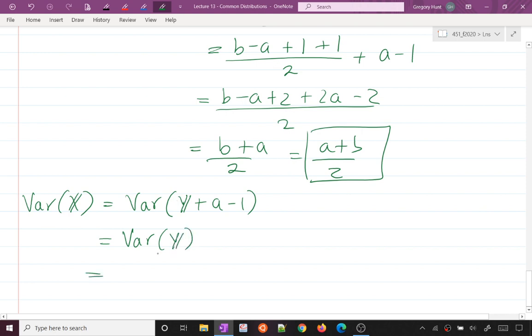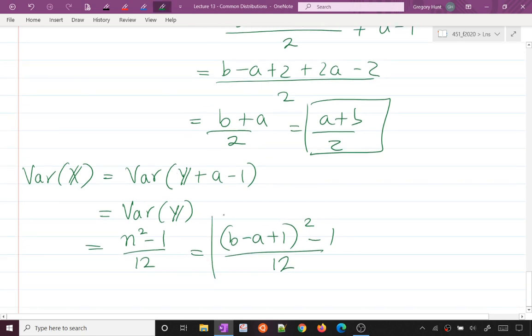We knew that if y were discrete uniform 1 to n, it has a variance of n squared minus 1 over 12. And in this case, n is b minus a plus 1. So what you get is b minus a plus 1, squared, minus 1, over 12. And that's my variance in the general case where it's between a and b.